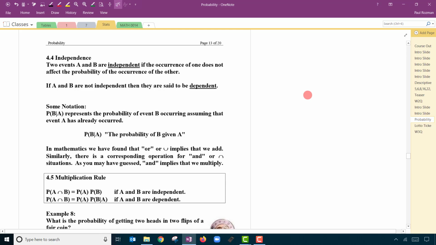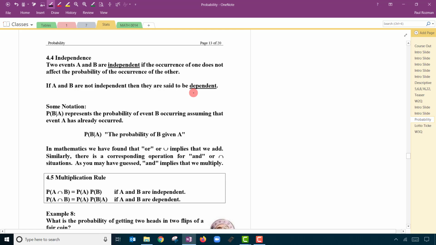So instead of just doing one trial and having the 2 things happening simultaneously, we're going to do multiple trials and see if the outcome of one affects the outcome of the other. If that is true, then the events are dependent. If the outcome of the first one doesn't affect the outcome of the second one, then they're said to be independent. So let's talk about the dependent case.